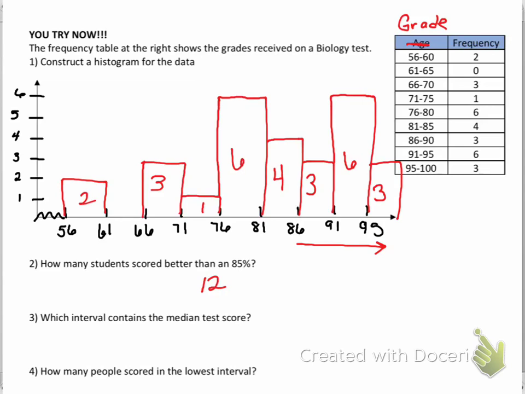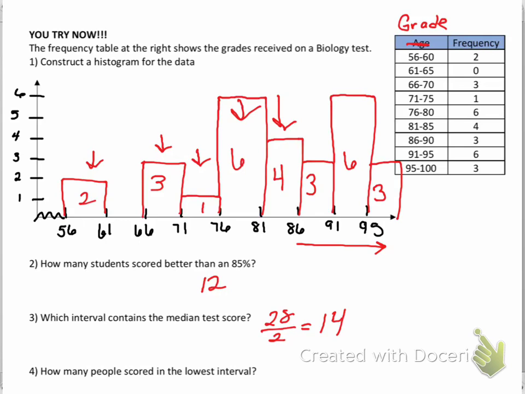If I cut that in half, 28 data points cut in half gives me 14. Going up to my table, I've got 2 here, plus 3 is 5, plus 1 is 6, plus 6 again here is 12. Sorry. So I'll get my 14 in this category between 81 and 86.